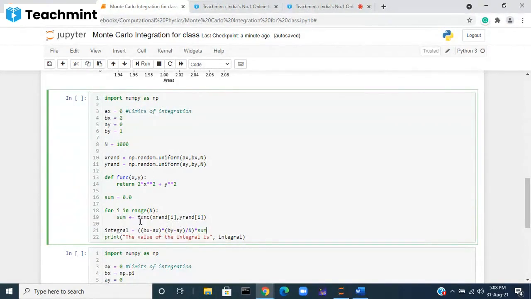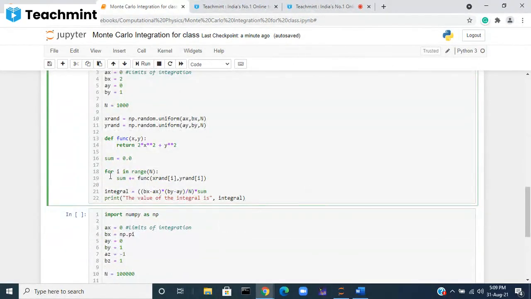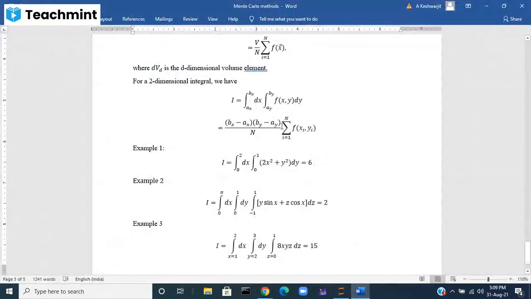Correct. So this for loop calculates this summation.